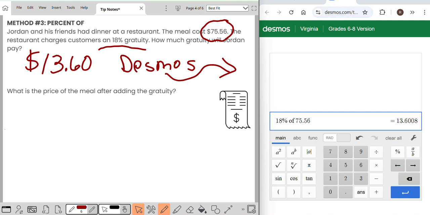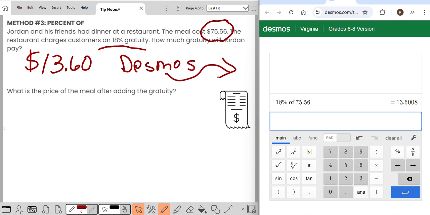Now it's asking, what is the price for the entire meal, after adding the gratuity? We know the gratuity, looking over at Desmos, is $13.60 because I rounded to the nearest hundredth. Money has 2 decimal places, which is the hundredths place.